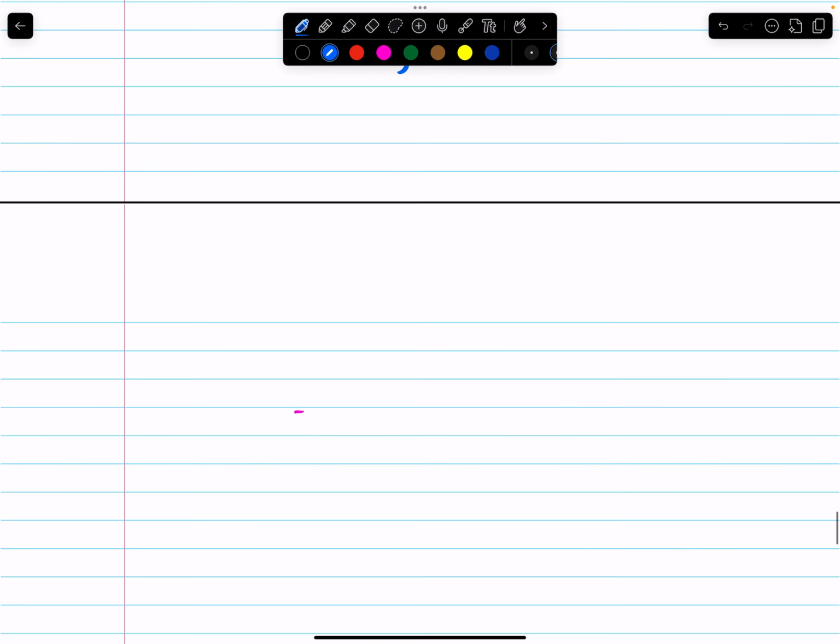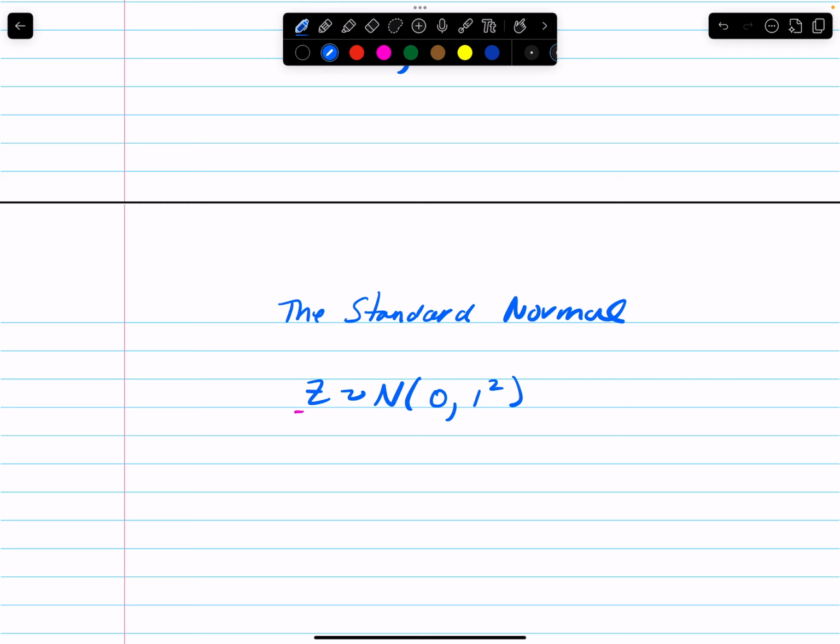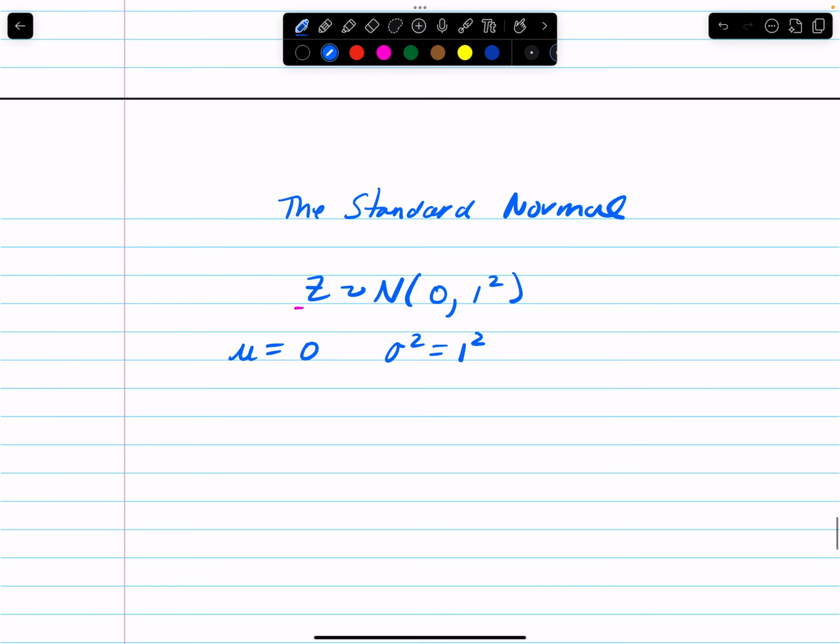One of the most important of the normal distributions is the standard normal. The standard normal, often denoted with the letter Z, is such that mu is equal to 0 and the variance is 1 squared. So the mean of the standard normal is 0 and the variance is 1 squared, or just 1.